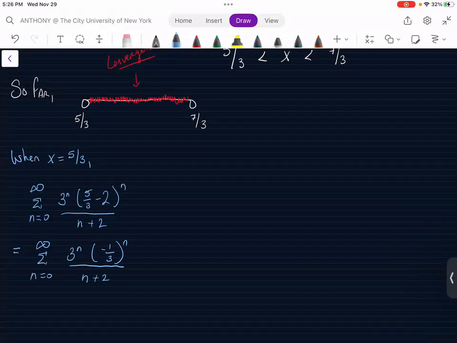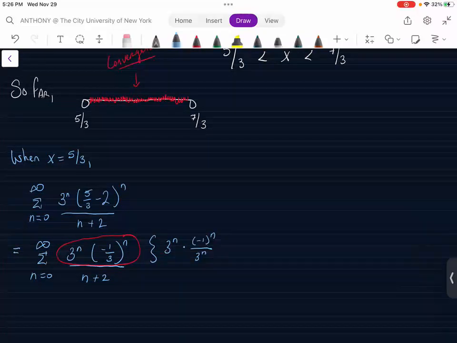Technically speaking, you have (negative 1)^n over 3^n. So this entire numerator, you could actually look at it as 3^n times (negative 1)^n over 3^n. So what happens if you multiply by 3^n and then divide by 3^n?